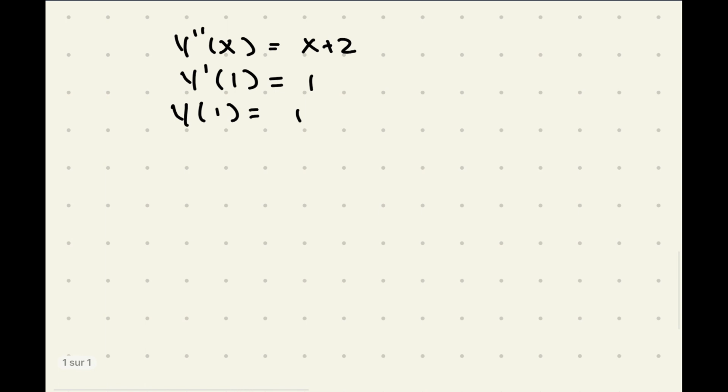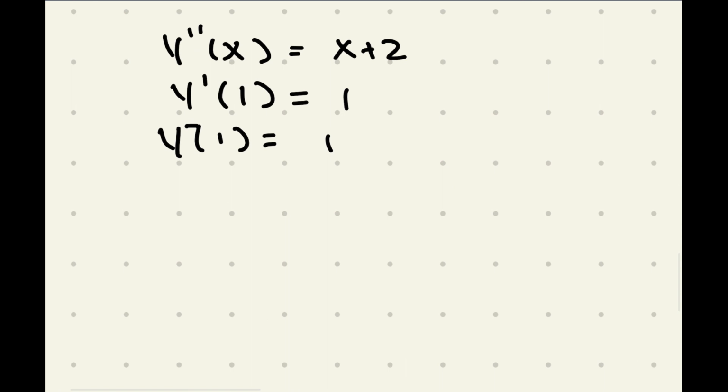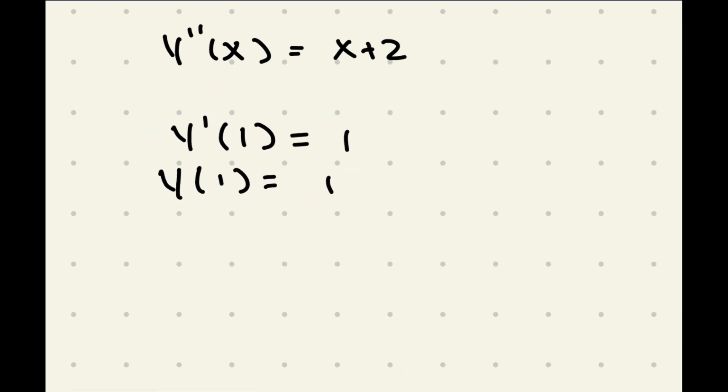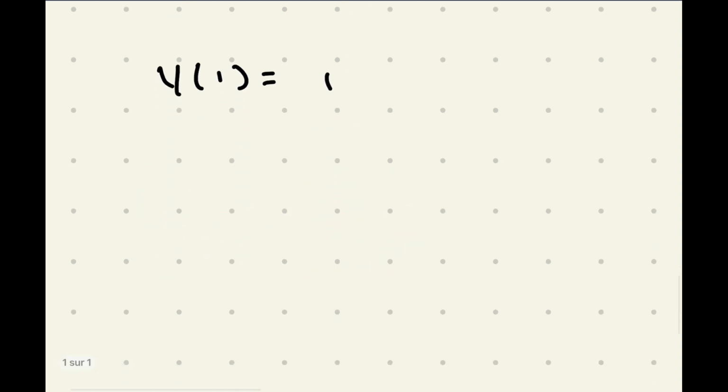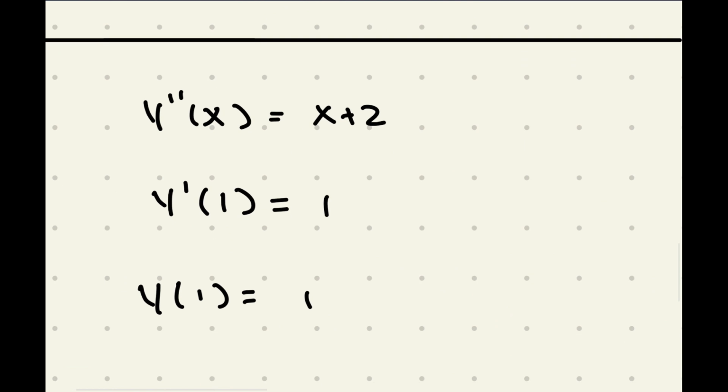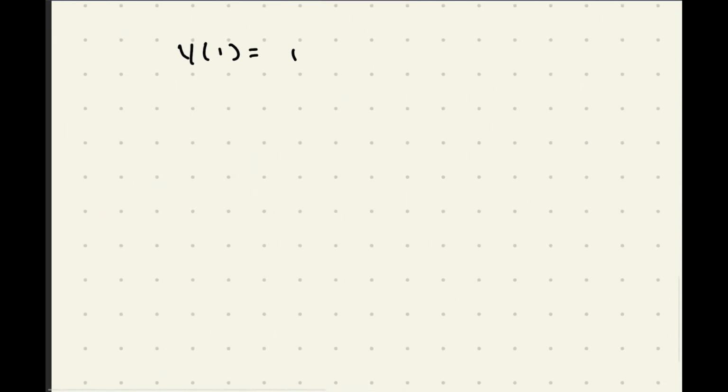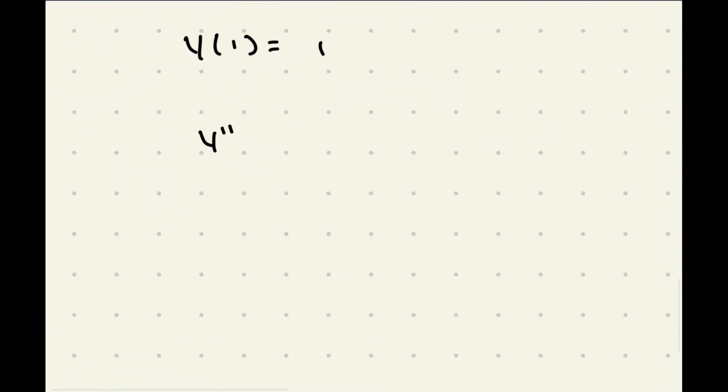That way we can just keep the pattern of decreasing derivatives taken. Let me space this out a little bit. Now, we're given this equation in the beginning. So simply we can just write y double prime of x equals x plus 2.